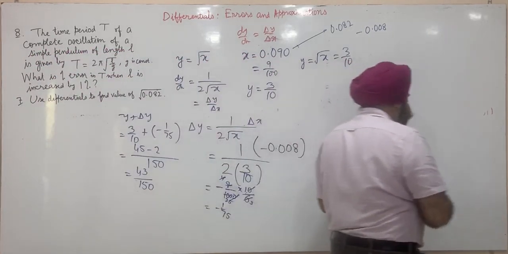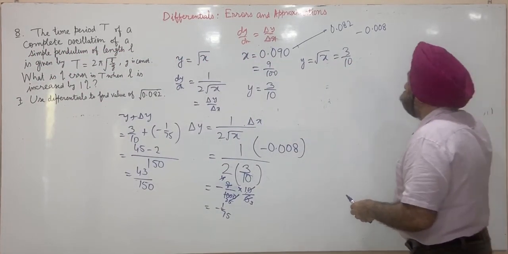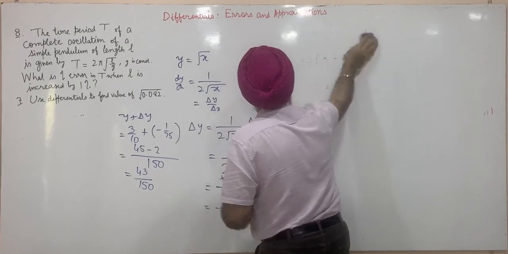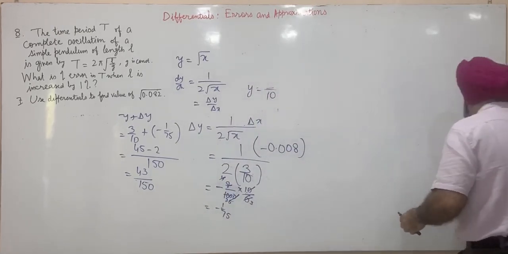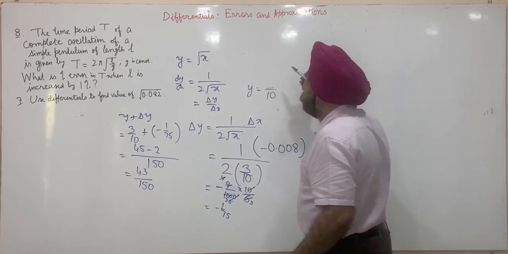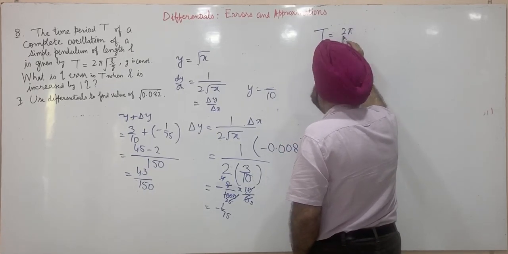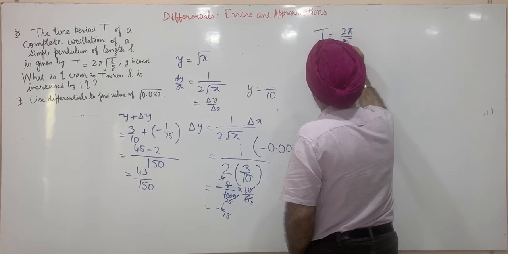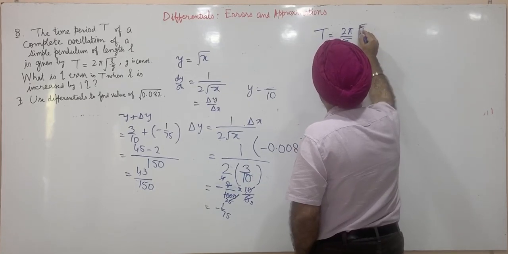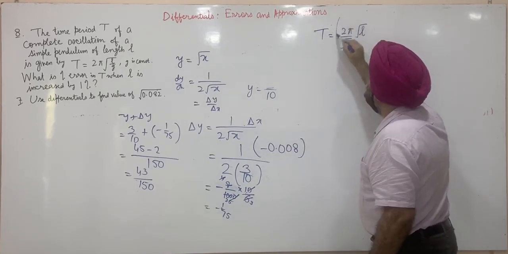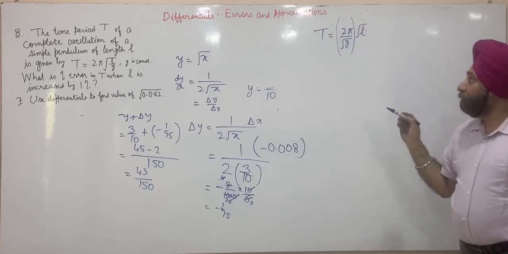The next one. We are given the time period is 2 pi upon root of g into root of L. So we can see this part is constant.